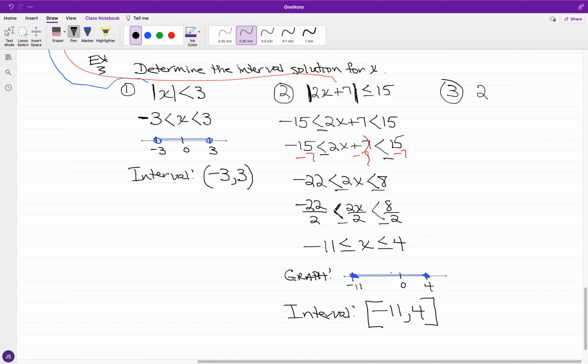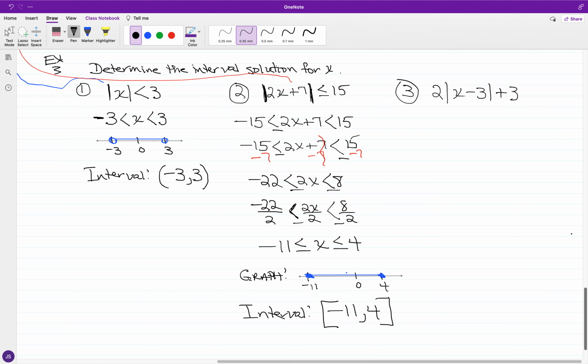And let's say that I have 2 times the absolute value of x minus 3, followed by the addition of 3, is greater than or equal to 7. Again, just a reminder, do not treat the absolute value symbols as you would parentheses.